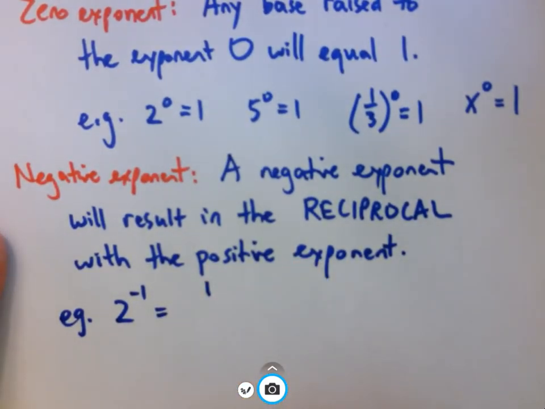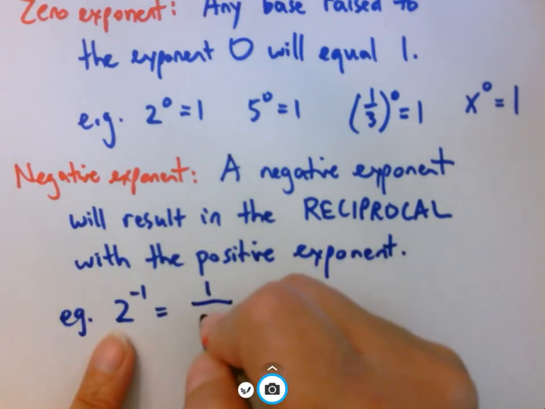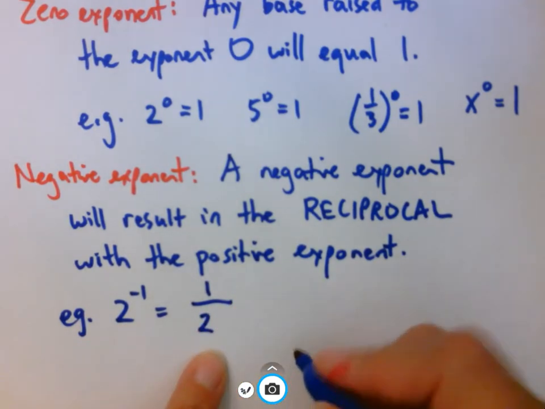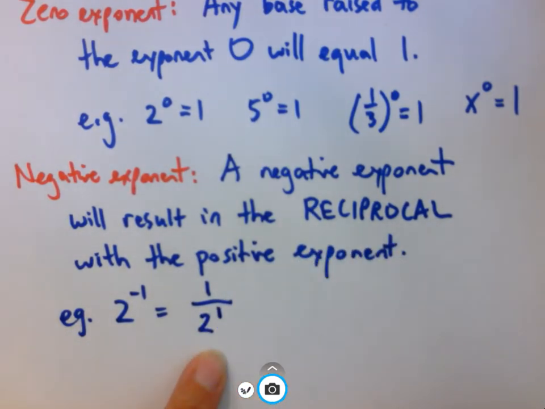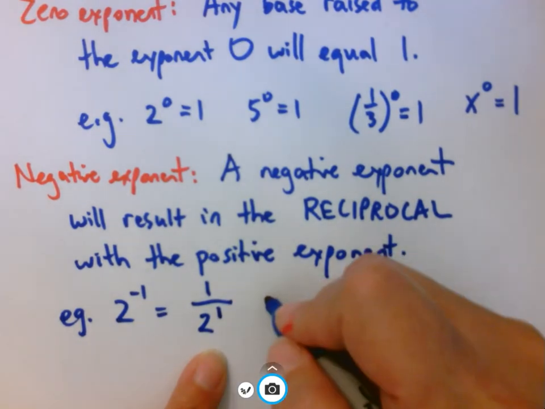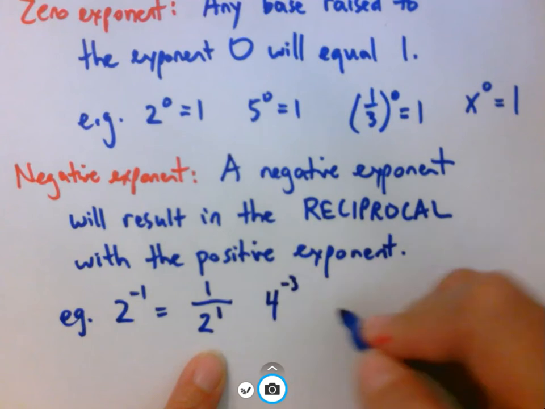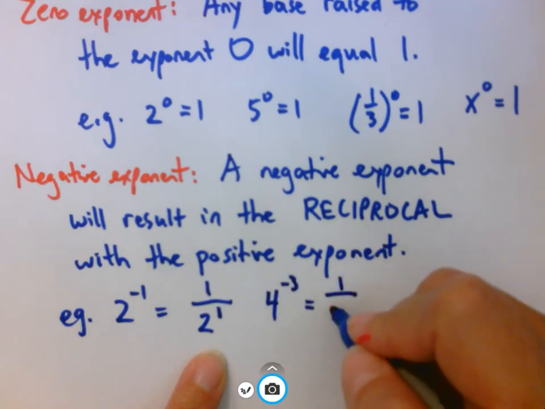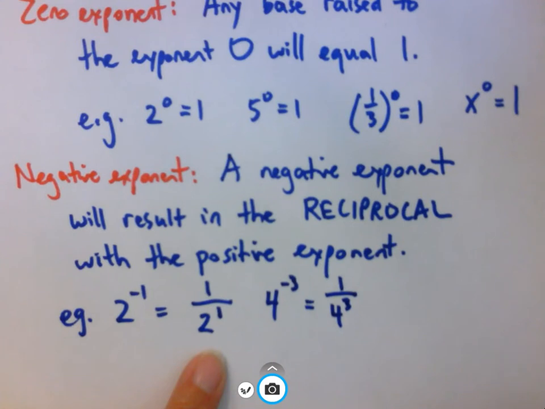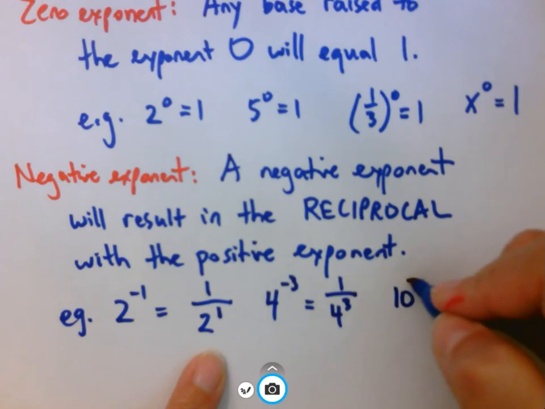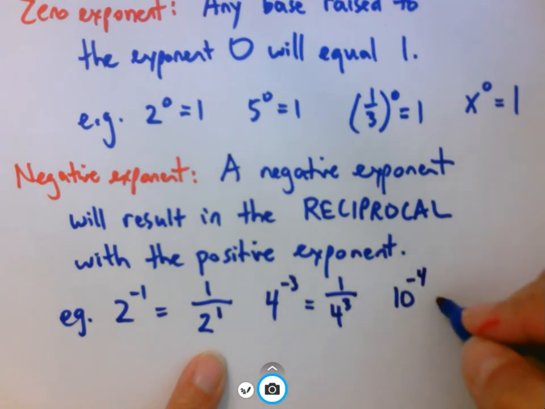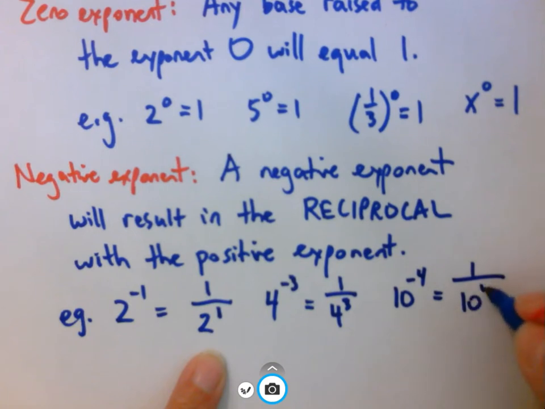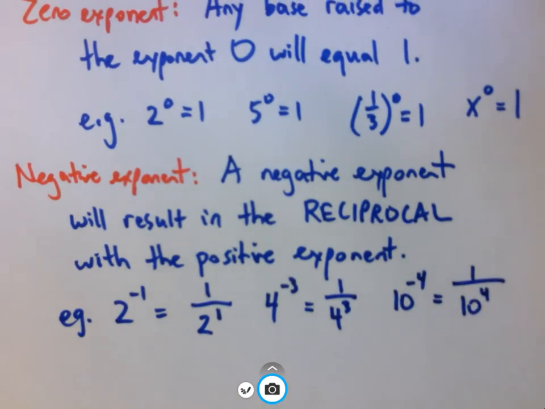Remember, reciprocal is flipping the fraction. 2 is 2 over 1, so flipping that fraction gives 1 over 2 with the positive exponent. Let's do another one. 4 to the -3 is flipping the fraction with the positive exponent. Let's do one more. 10 to the -4 is 1 over 10 to the +4. It's the reciprocal with the positive exponent. So that's the 0 exponent and that's the negative exponent.